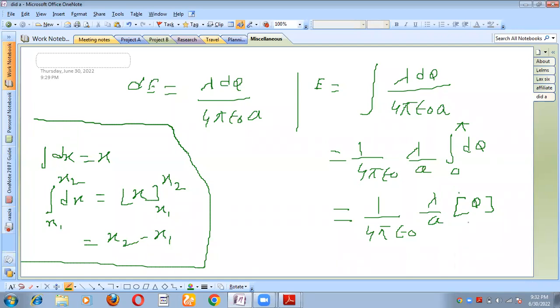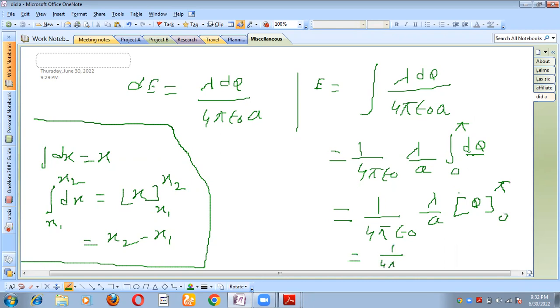See, here we are also using the same formula. Integration of d theta is theta, and we put the limit 0 to pi. So we will get 1 by 4 pi epsilon naught lambda by a into pi minus 0, right? Pi minus 0.